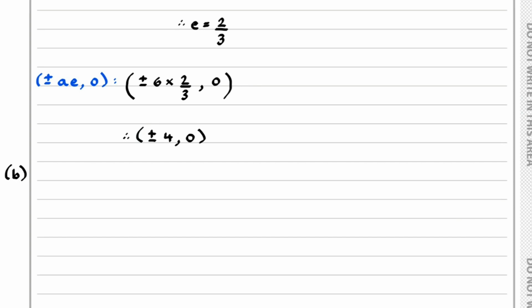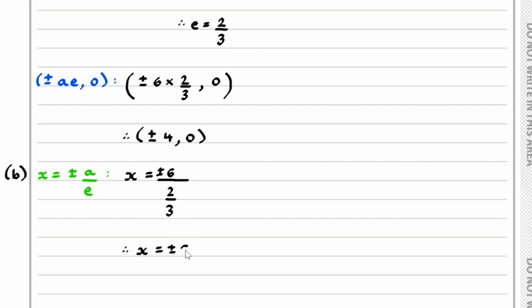So, if we use the fact that the directrices are at x equals plus minus a over e, then we have x equals a, which is 6, divided by e, which is 2/3, and so therefore the equation of the directrices, we have x equals plus minus 6 divided by 2/3, which is 9.